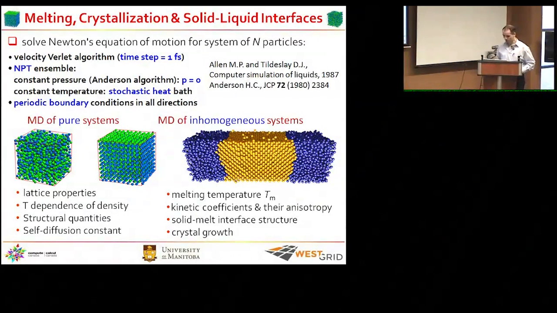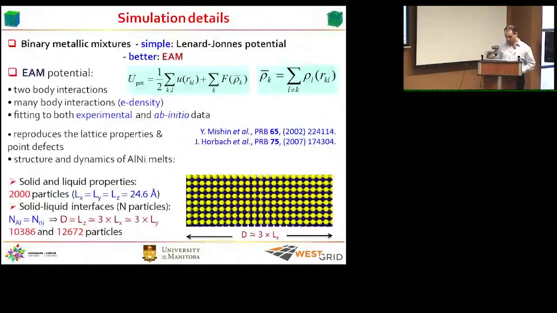Then the second step, we use a system with two phases. In this picture, we have a system with the solid in the middle, which is a crystal, surrounded by the liquid. I will explain later how to prepare such a system. For this system, we use a potential called EAM, embedded atom method.